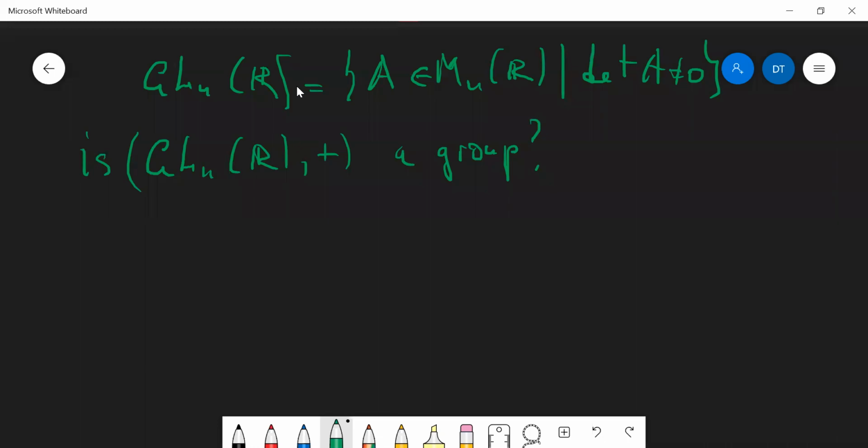Why? Okay, let's check. First of all, the addition of matrices is associative. We know that. But you have to check three properties. First, associativity.